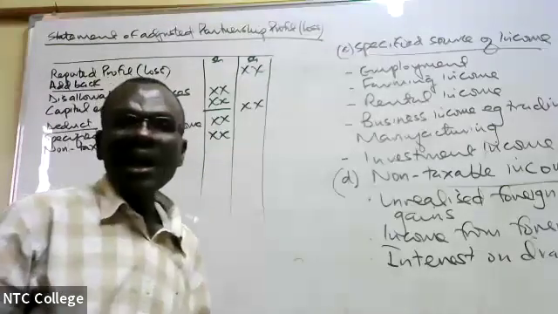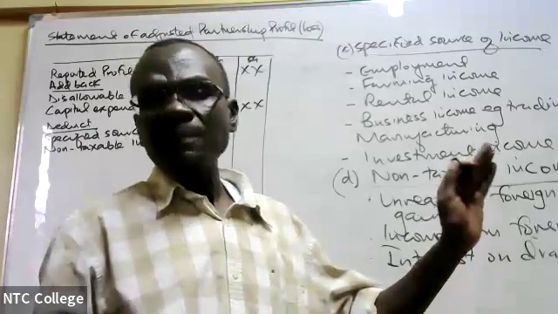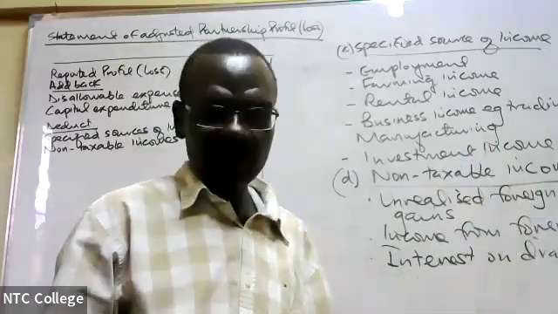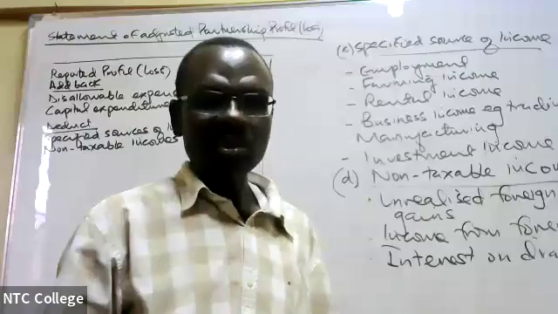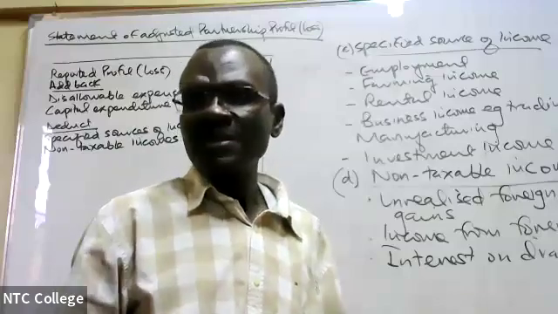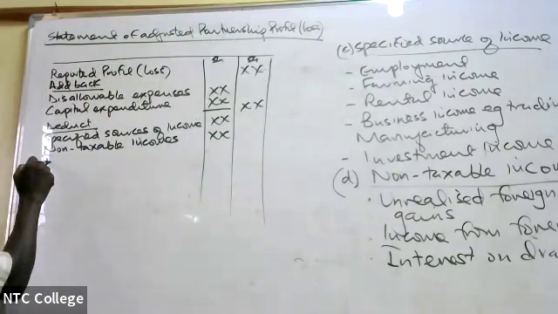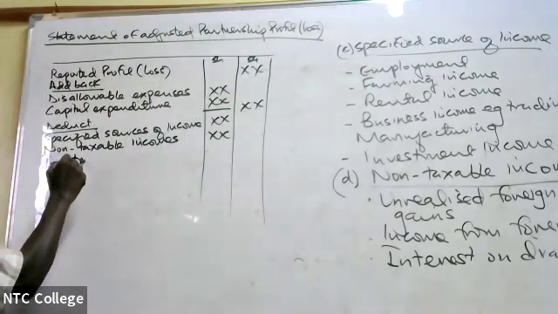Then we said, after you've added back capital expenditure items, you'll be allowed to claim investment allowances, like 25% on your pickup, 25% on your computers, and so on. So also deduct investment allowances.